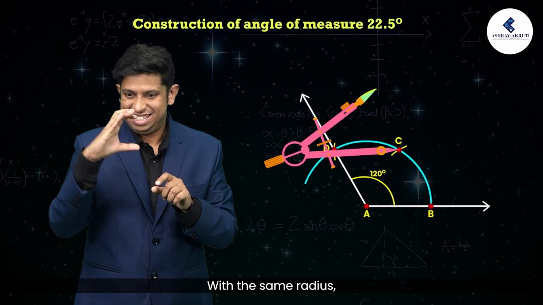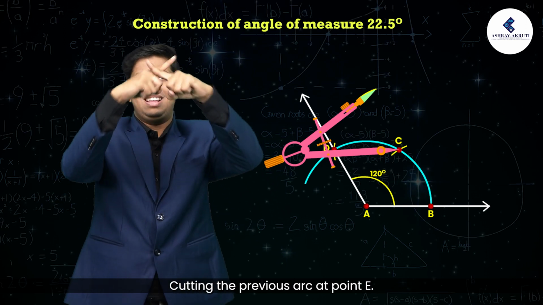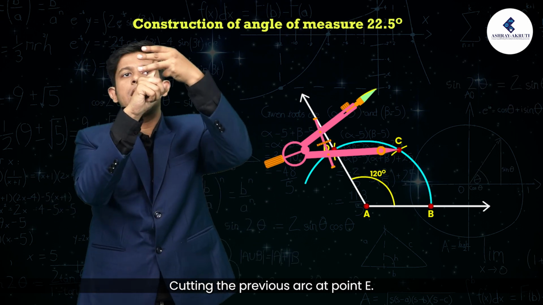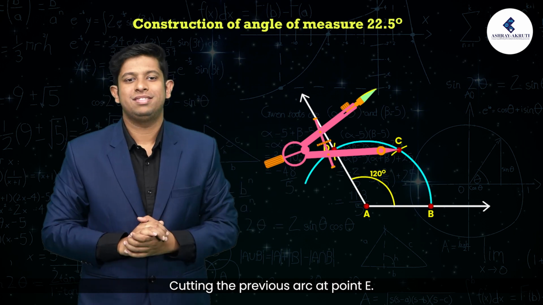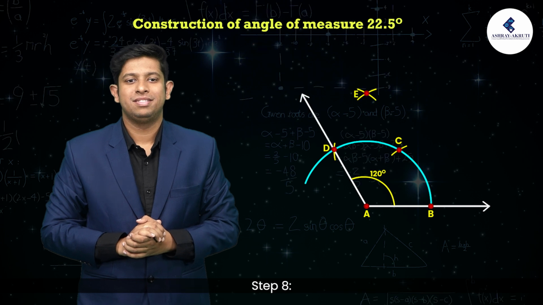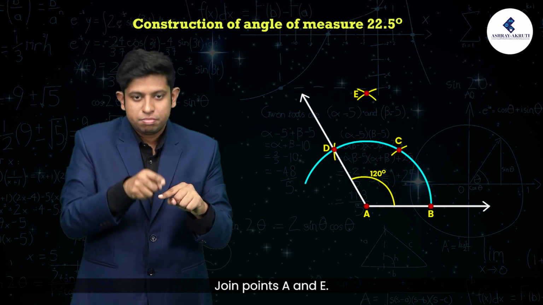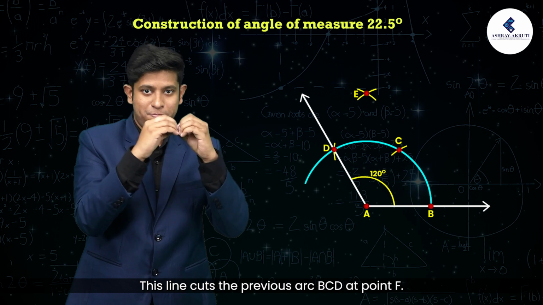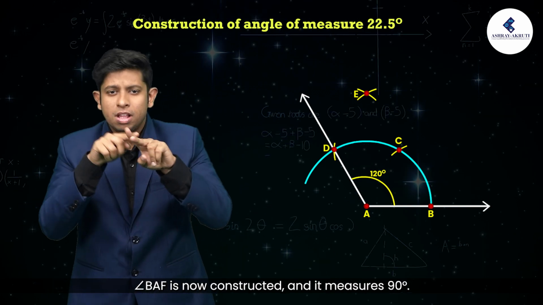With the same radius, use D as the center to draw another arc, cutting the previous arc at point E. Step 8. Join points A and E. This line cuts the previous arc BCD at point F. Angle BAF is now constructed and it measures 90 degrees.